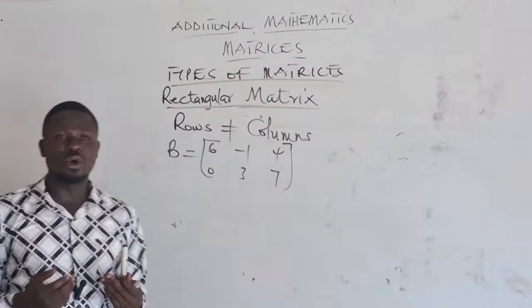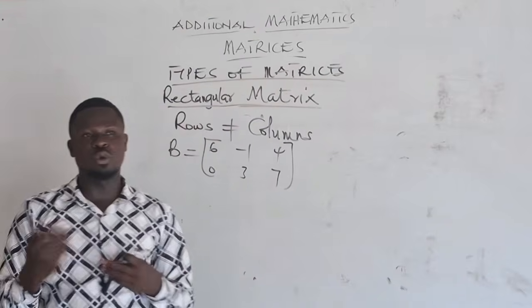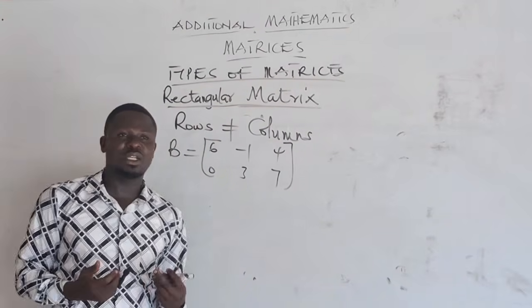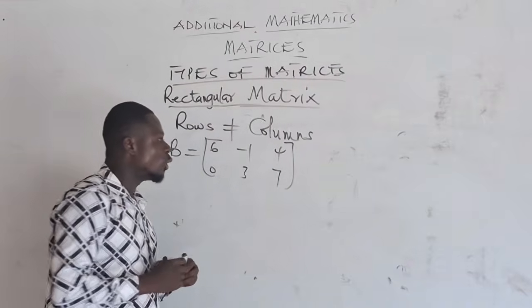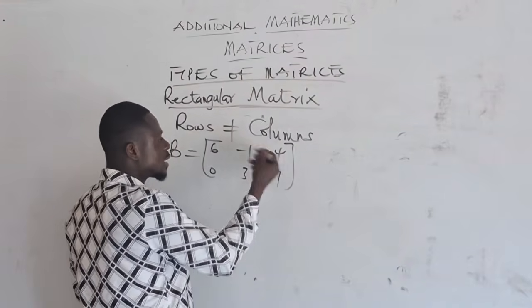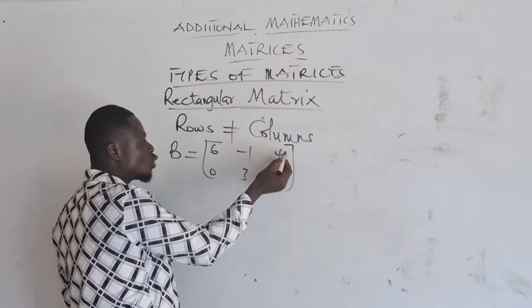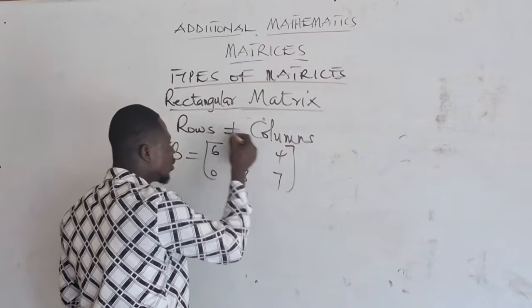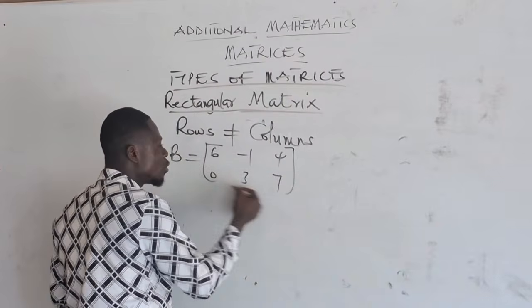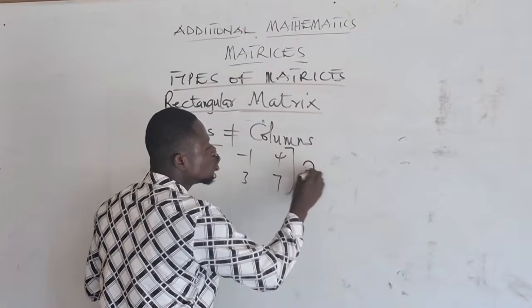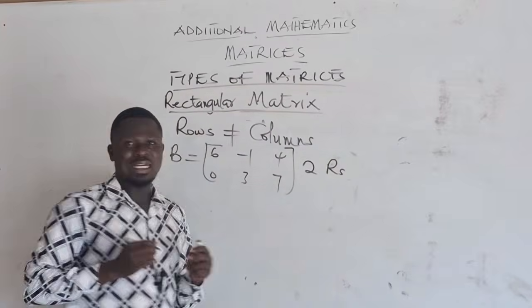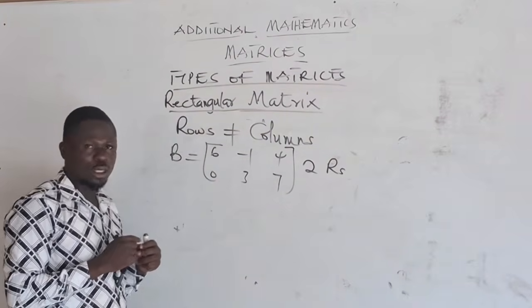Let's check the number of rows and the number of columns. After that, we will know whether it is a rectangular matrix or not. So let's check the rows. We have the first row, this is the first row, and this is the second row. So we have 2 rows. Now let's check the columns.